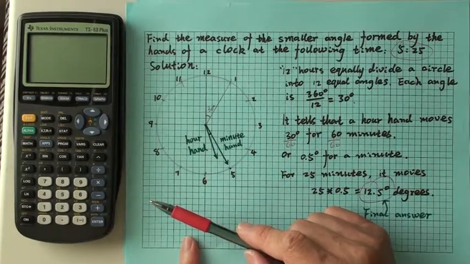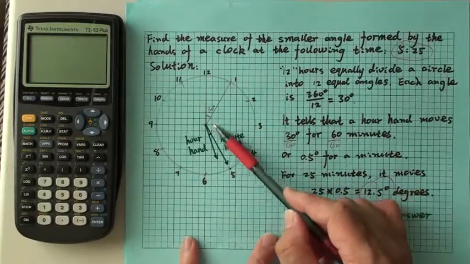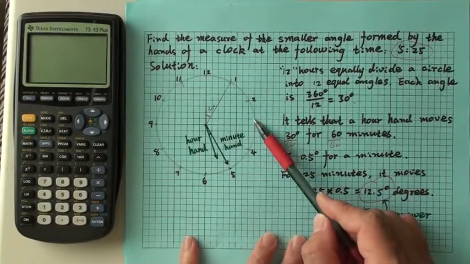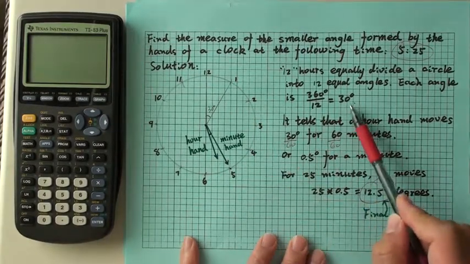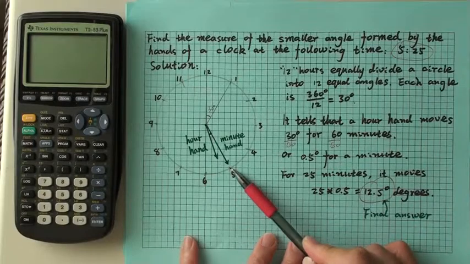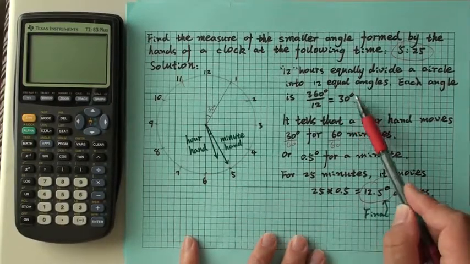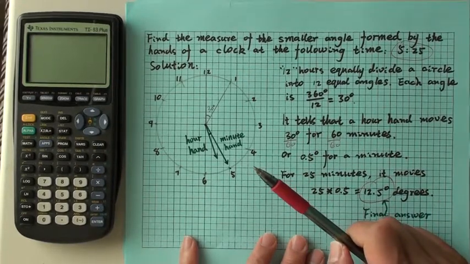This central angle basically is what? Every hour from 2 to 3 the corresponding central angle is 30 degrees. From 3 to 4 is 30 degrees. From 4 to 5 or 5 to 6 they are all 30 degrees. That's the one thing we want to be clear about.